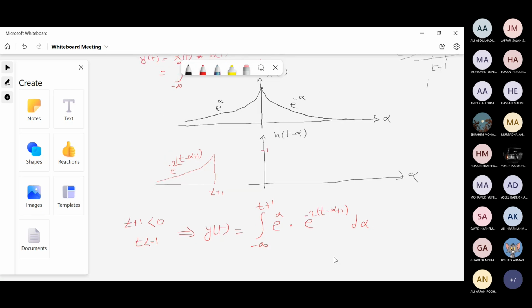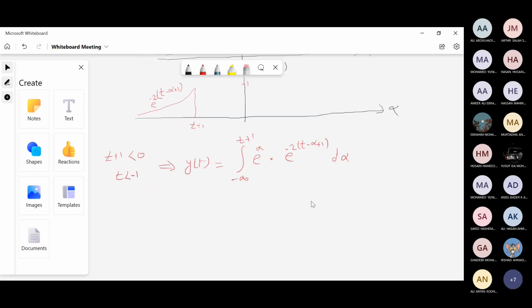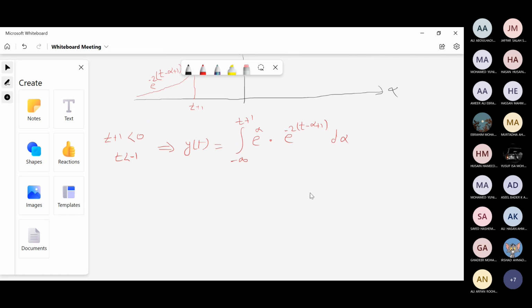But now it is calculus. Note here that t, as we said, is a constant, so I can split this into two parts: e to the power of minus 2 t plus 1 and e to the power of plus 2 alpha.